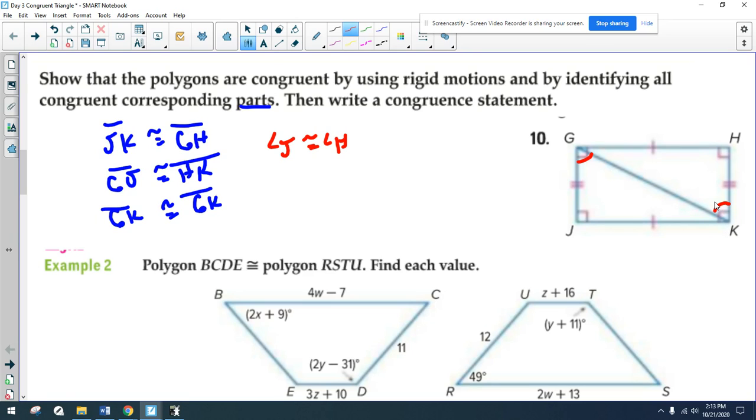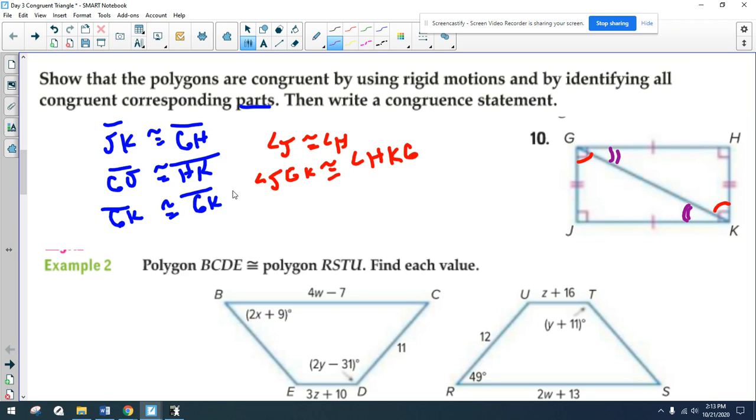But we know that this one and this one are equal. So this is angle J, G, K. And then this one is HKG. Okay, finally, that leaves the other two. 1 and nothing is this one, and then 1 and nothing is that one.